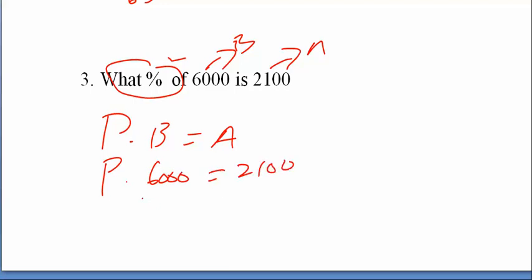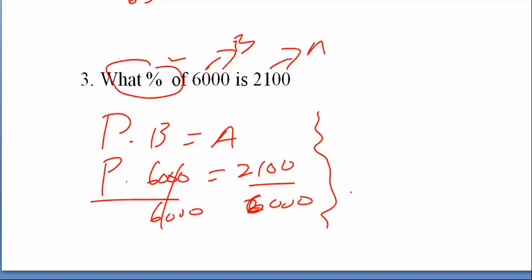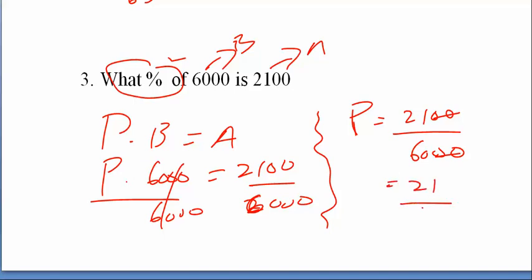To solve for P, we divide both sides by 6,000. So when we do that, P is now equal to 2100 divided by 6,000. I could cancel a bit. 0 cancels 0. So that's equal to 21 divided by 60.